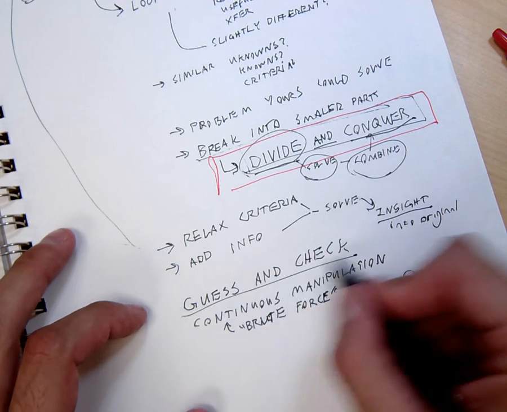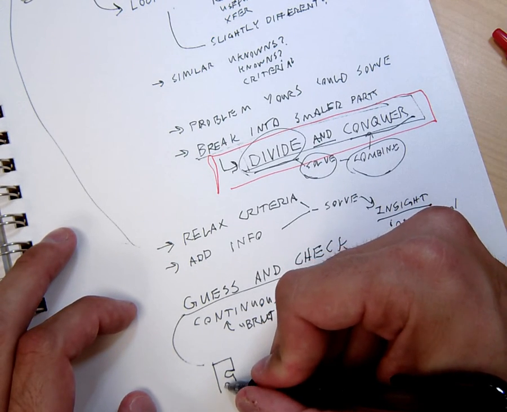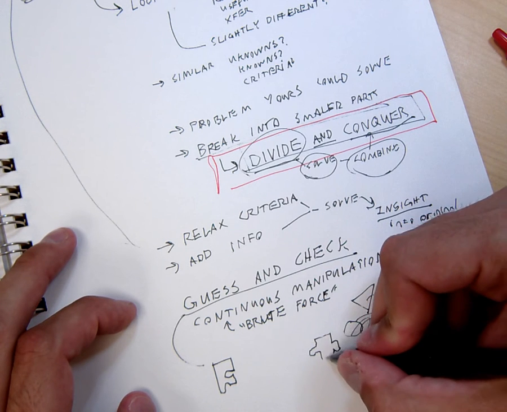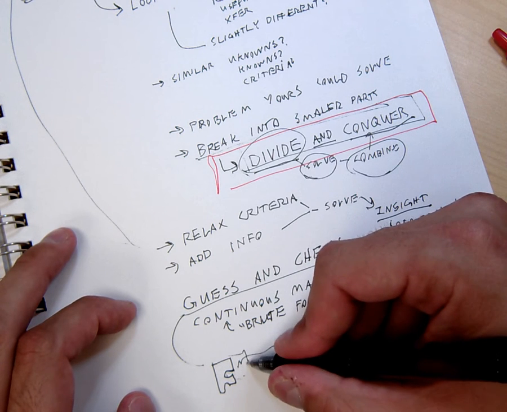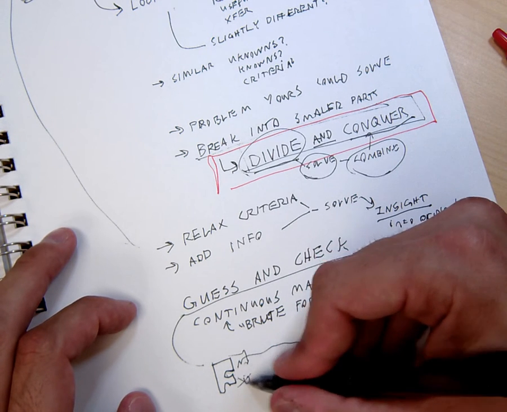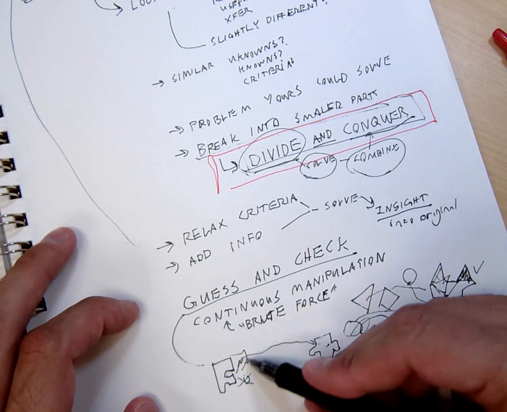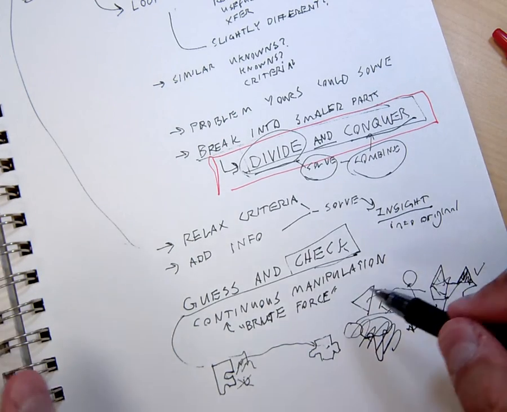Similarly with guess and check, think about a puzzle. You have some other piece, and you can't quite tell if it's going to fit, but you think it might. So you put it in, and you find that one fits, but then that piece doesn't fit, so I can rule that out. You guess at a solution, you try it, you check it, and find that it doesn't work.